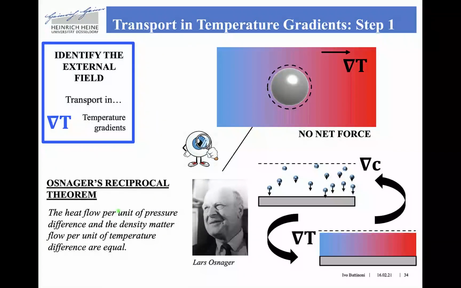This means that within an interfacial layer there is a strong correlation between the slip velocity under an external temperature gradient and the slip velocity that would occur if a concentration gradient is applied instead.